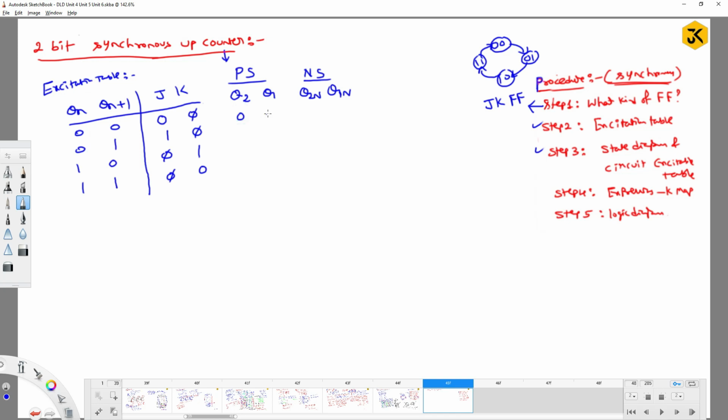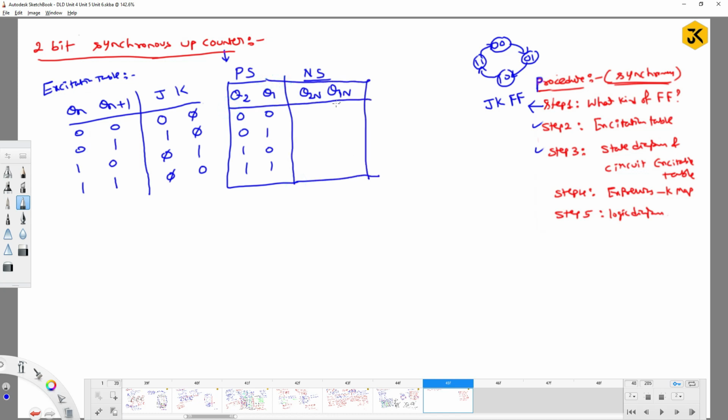The possibilities 00, 01, 10, 11 are the present states. What might be the next states? For 00 the next state is 01. If the present state is 01, the next state is 10. If the present state is 10, the next state is 11. If the present state is 11, the next state will be 00. I hope you got clarity.